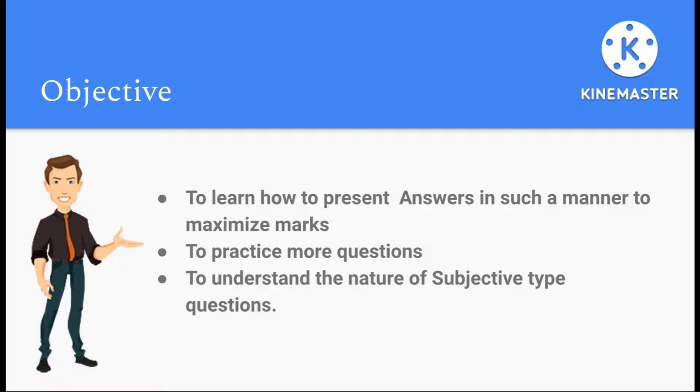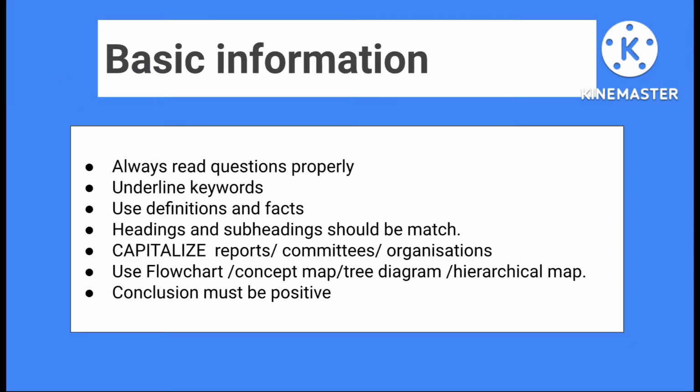Sometimes it says comment, describe, explain. These are words we need to understand so that we can think in a positive or a negative way while writing our answer. So first we need to understand the subjective nature of these questions. Without wasting our time, let's look at the strategies that we need to follow.